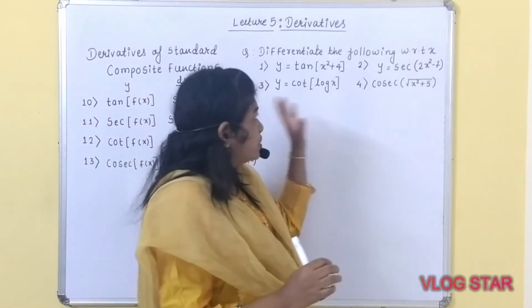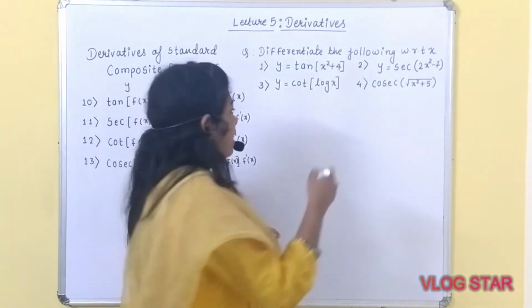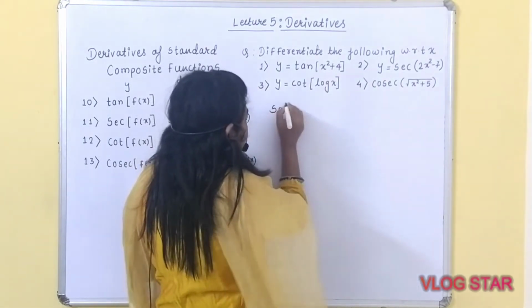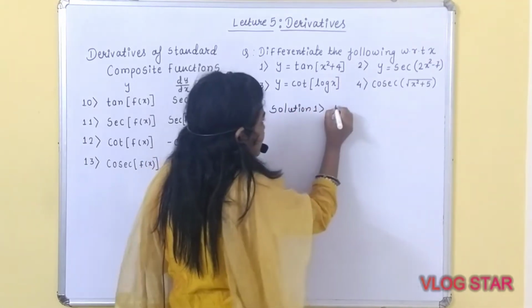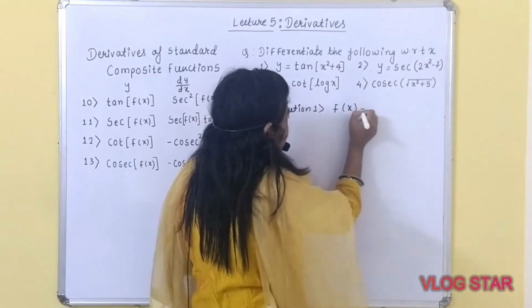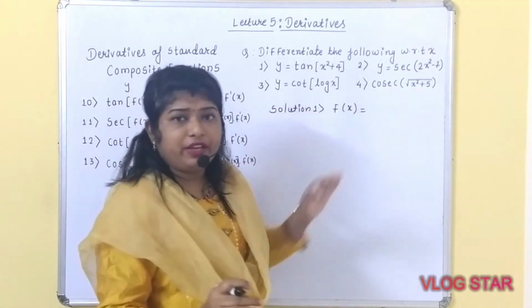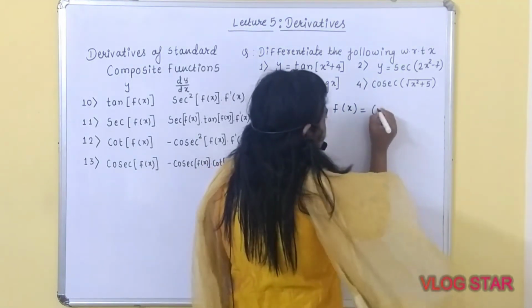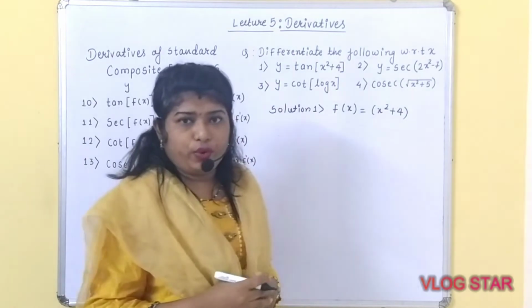Could you identify what f of x is in this question? Solution 1. Step number 1 is to identify f of x from the given question. So f of x in this case is x square plus 4.